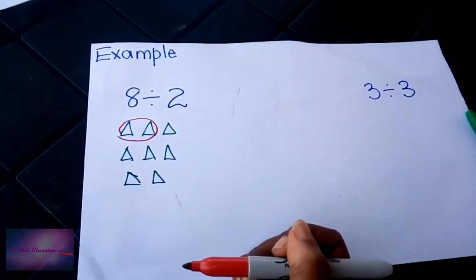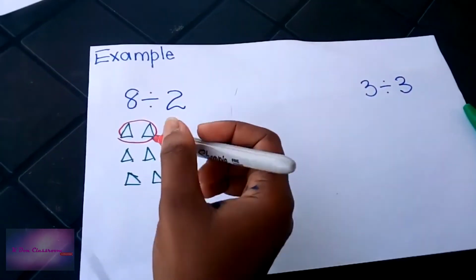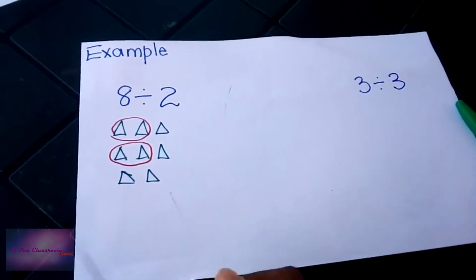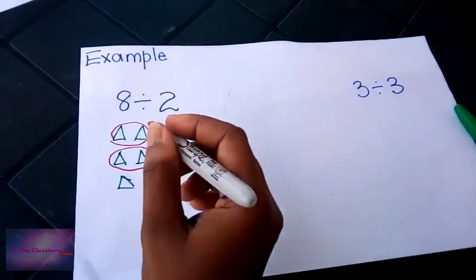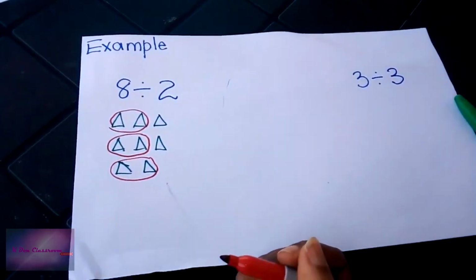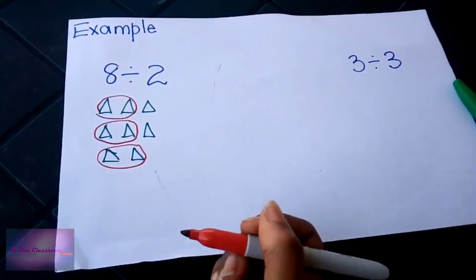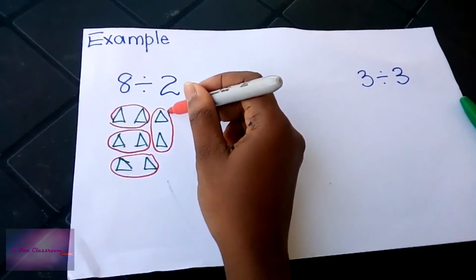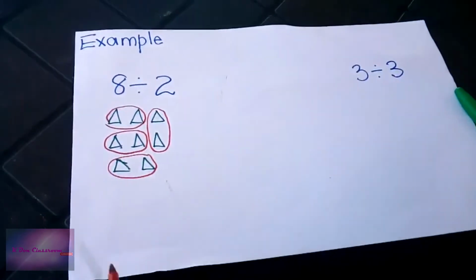That's a group of 2. That's another group of 2. And I keep doing that until I'm out of triangles. So I have no more triangles.